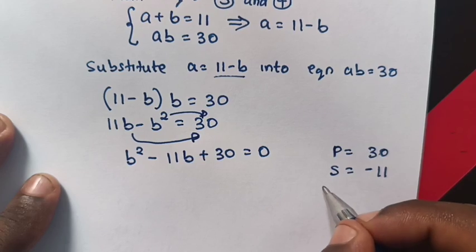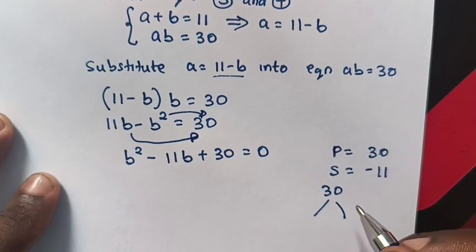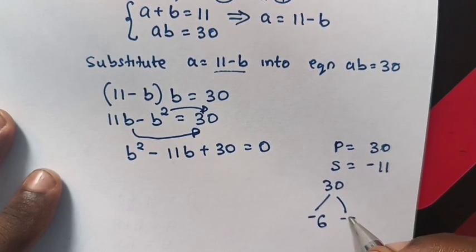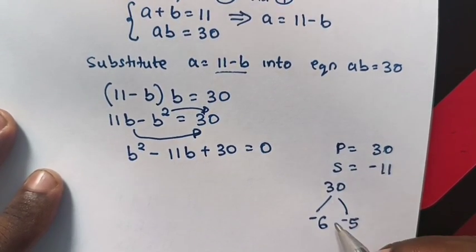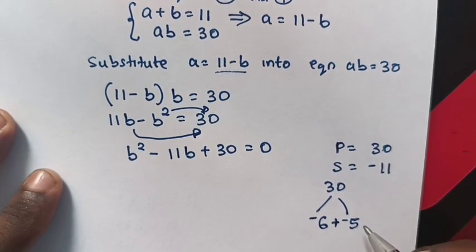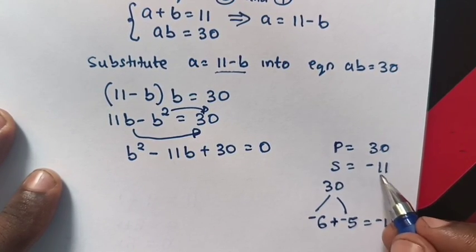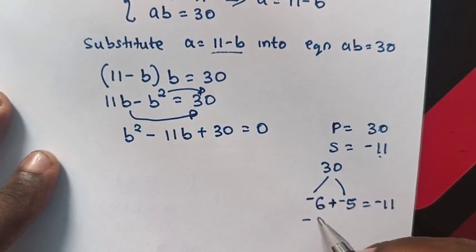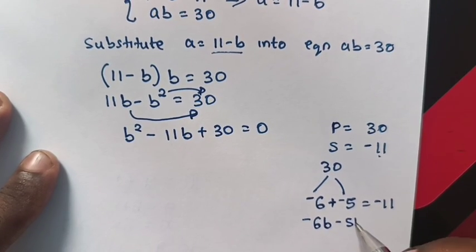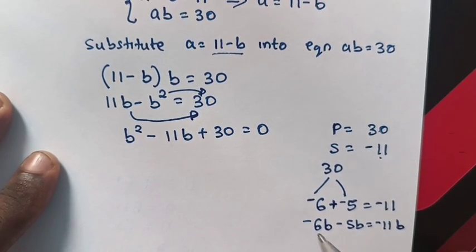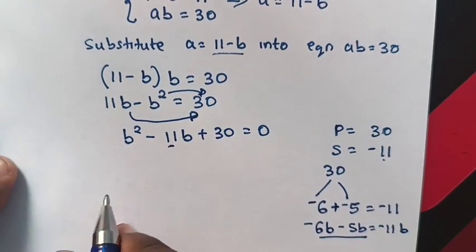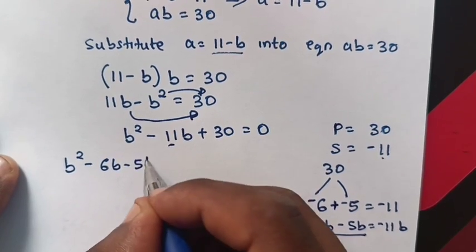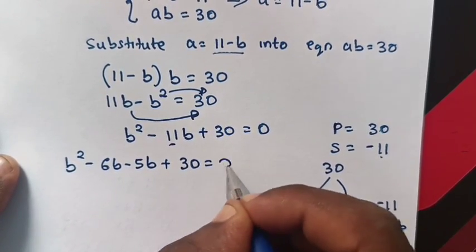So to get a product of 30, it is the product of minus 6 and minus 5. The product of these is 30, and the sum, this plus this, is negative 11. So to get negative 11b, it is the sum of negative 6b minus 5b is equal to negative 11b. So we substitute this into here. Then it will be b squared minus 6b minus 5b plus 30 is equal to 0.